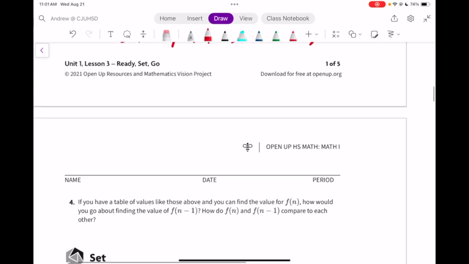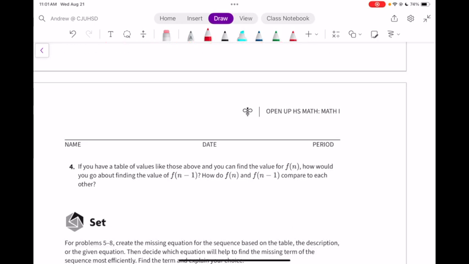Number 4, if you have a table of values like those above, and you can find the value of f of n, how would you go about finding the value of f of n minus 1? How do f of n and f of n minus 1 compare to each other? Well, n minus 1 means the previous input.